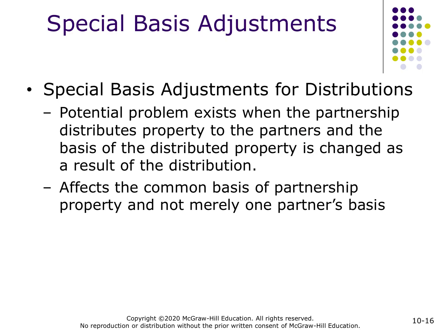Okay, remember that this is a problem when the partnership distributes property to the partners and the basis of the distributed property is changed, right? And so this is also going to affect the common basis of the partnership property, not merely one partner's basis.